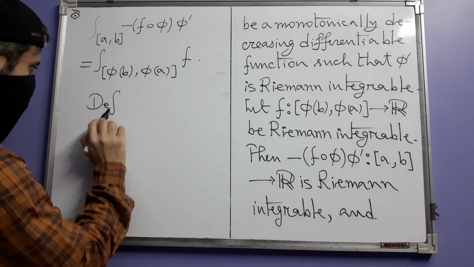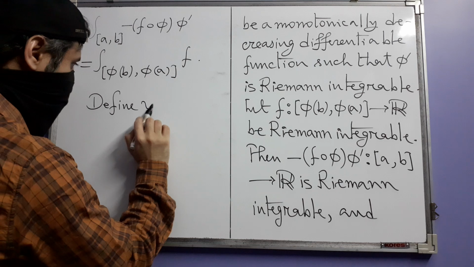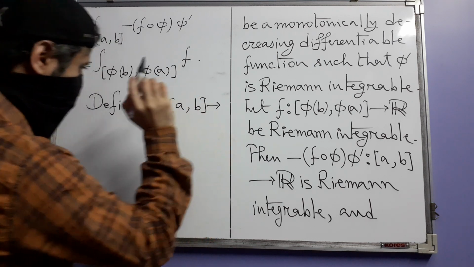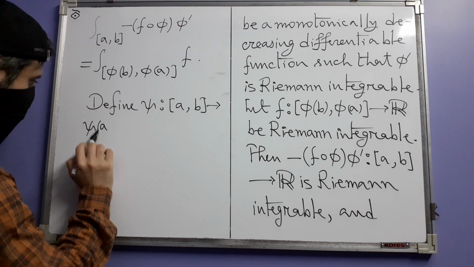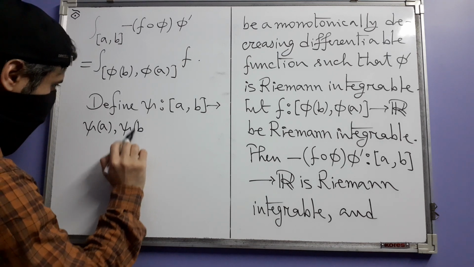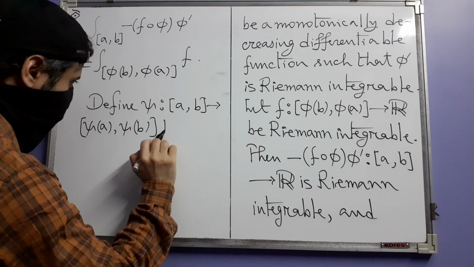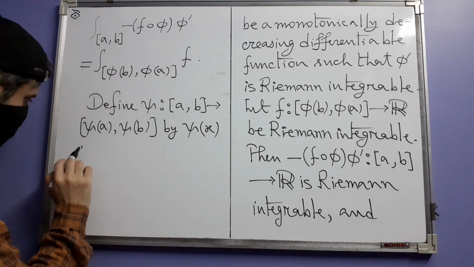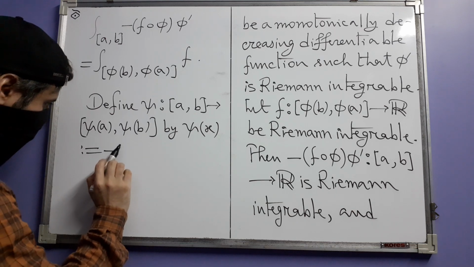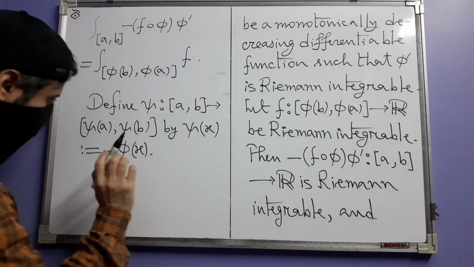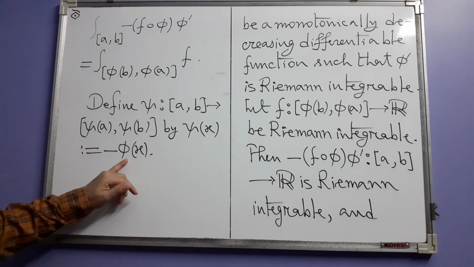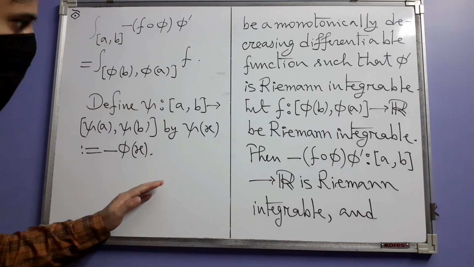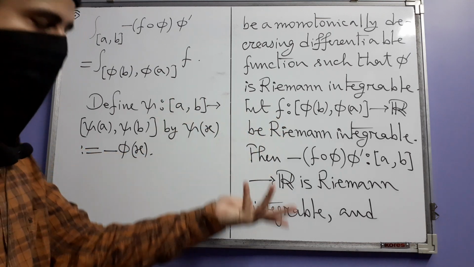Define a function psi from [A, B] to [psi(A), psi(B)] by this rule, psi of x is defined to be equal to minus of phi of x. You can instantly see that because phi is decreasing, psi will be increasing. And similarly, using f, we are going to define another function.